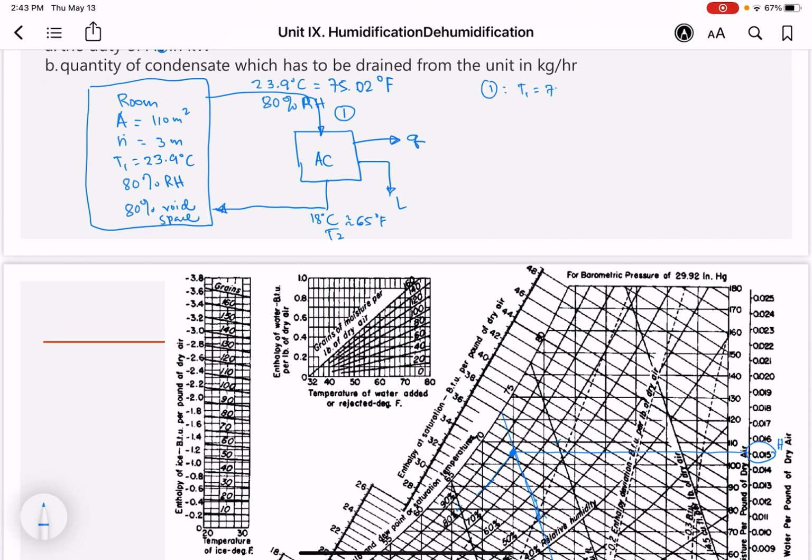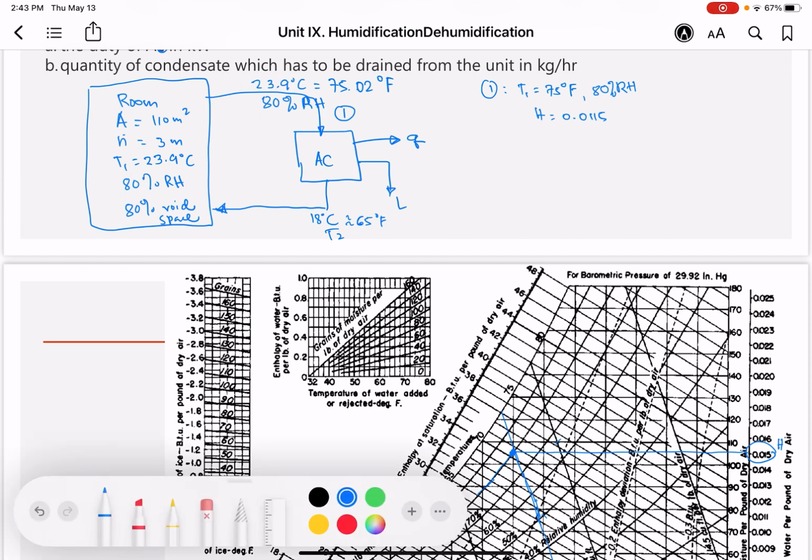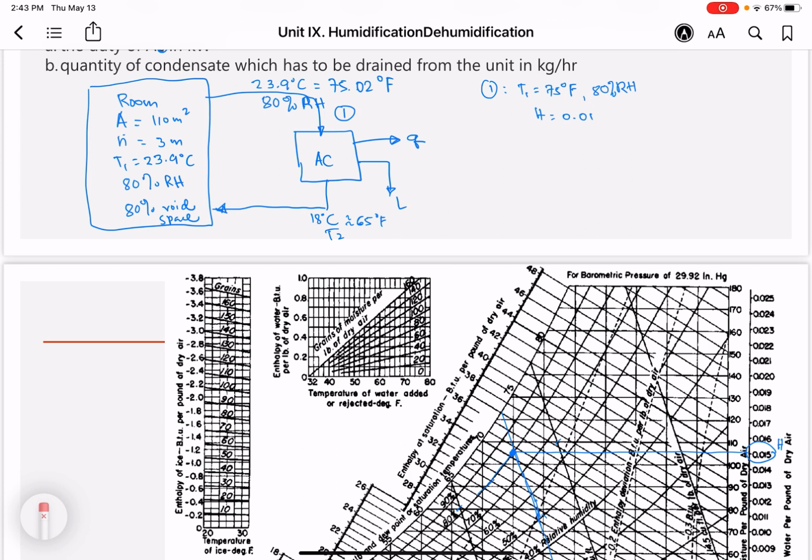T1 is 75 degrees Fahrenheit, 80% relative humidity. My H is 0.015, that's pound per pound dry air. Tapos my specific volume, pH, is around 13.7.